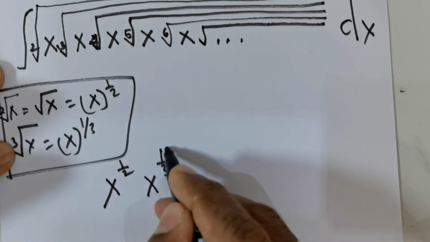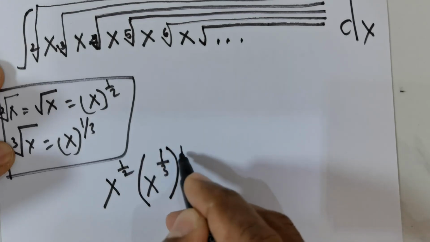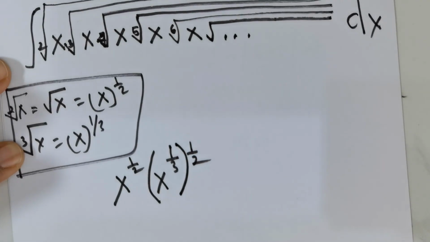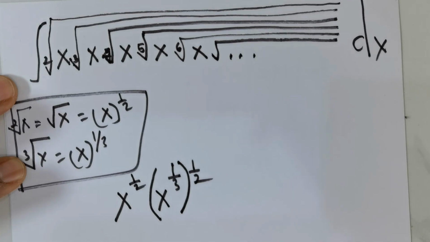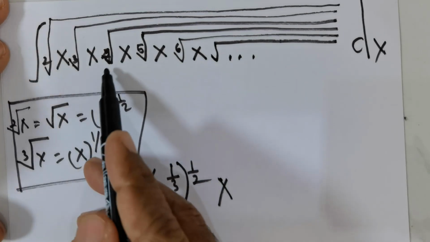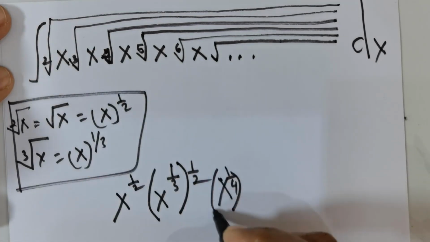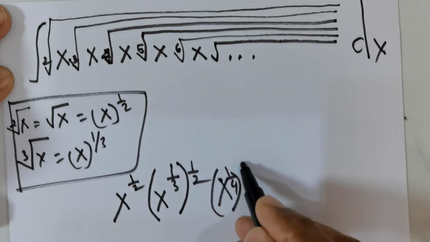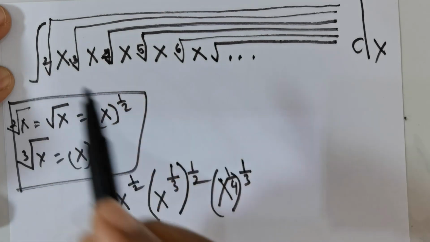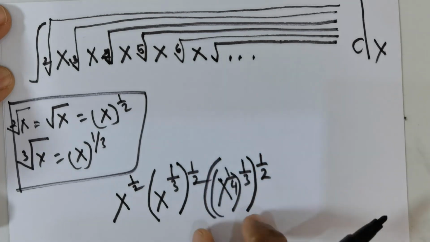So I'm going to place it like this, 1 over 2. I hope you're able to understand what I am actually writing here. Now this is followed by the next x, and this has got 1 over 4. So you just place 1 over 4 on its head, and this 1 over 4 is sheltered by 1 over 3, and subsequently it's sheltered by 1 over 2. So you have the representation like this.